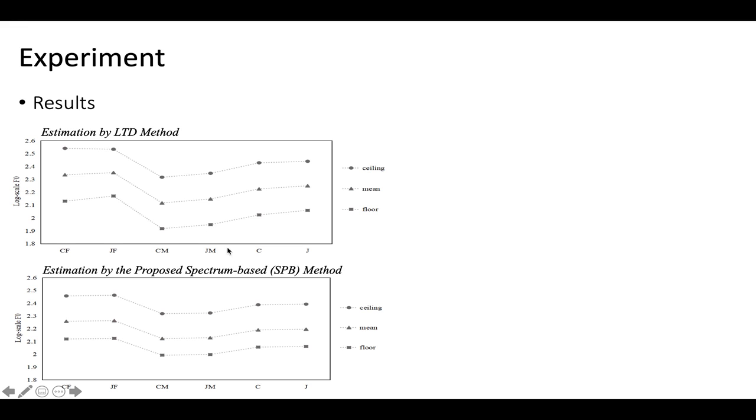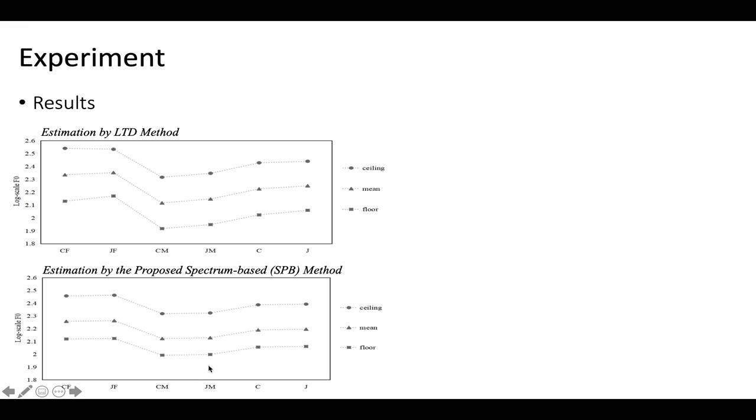Like C represents Chinese and J represents Japanese. Because all of the speakers are Japanese speakers, Chinese is their L2 speech input and Japanese is their L1 speech input. And M and F represent the male and female speakers respectively.